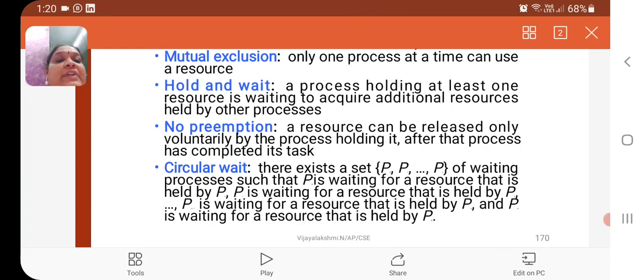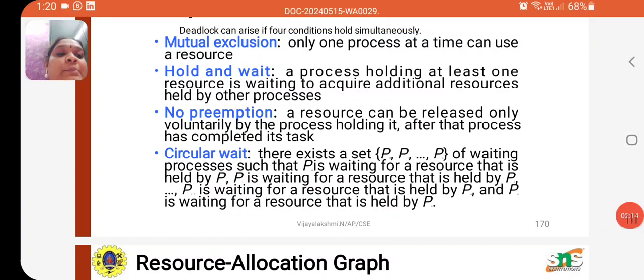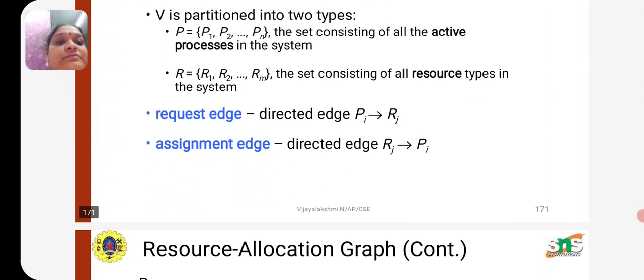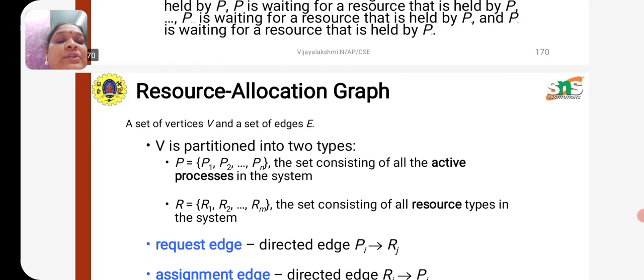And then circular wait: there exists a set of waiting processes P1, P2, up to Pn, such that P1 is waiting for a resource held by P2, P2 is waiting for a resource held by P3, and so on. So in a circular way, they utilize the resources.